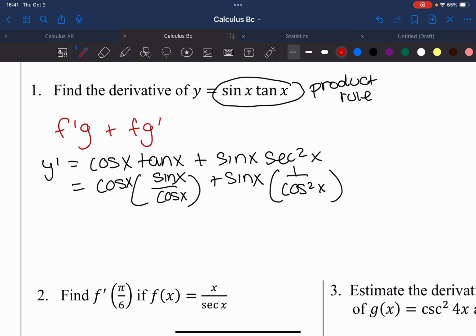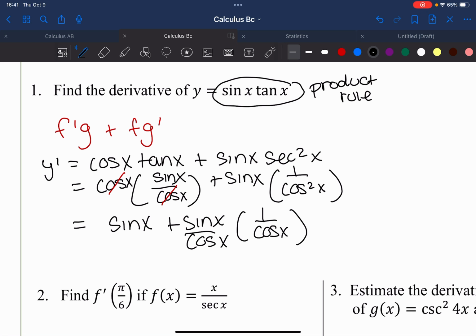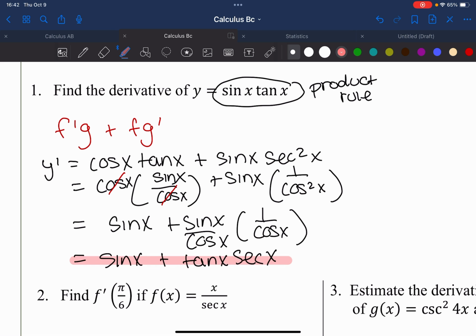Which means these cosines can cancel, and I have sine x plus sine x over cosine x times 1 over cosine x, which is sine x plus tangent x times secant x. That would be my derivative.